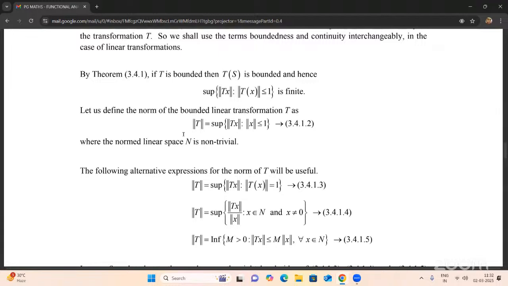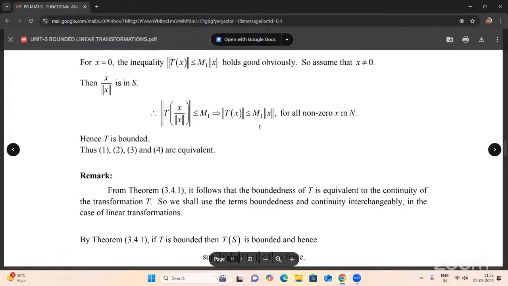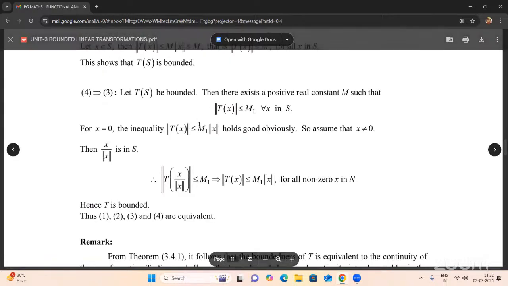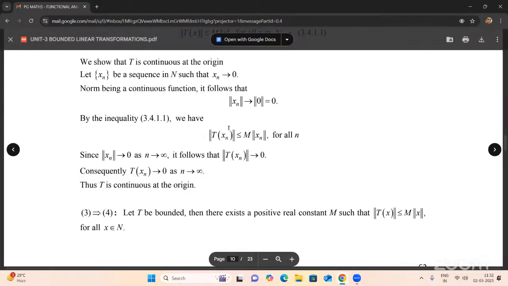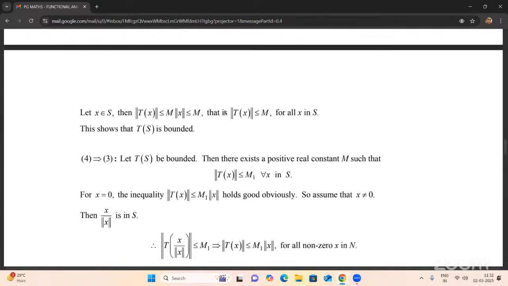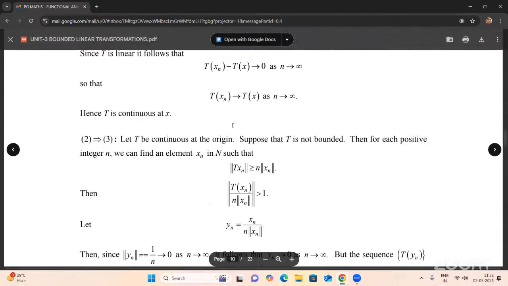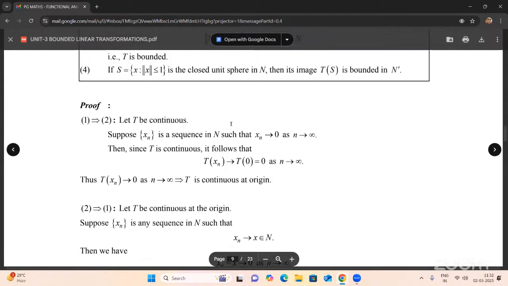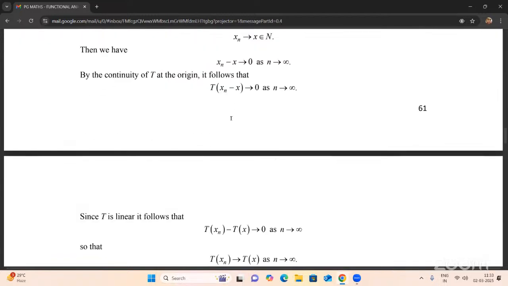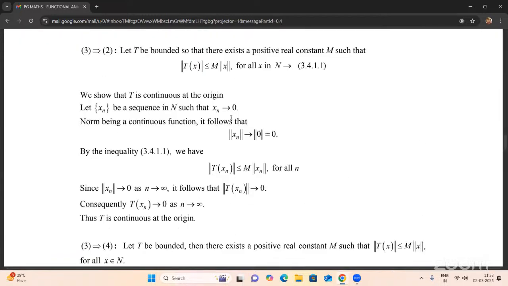So the given normed linear space is denoted by N, and it is non-trivial. Say this is the second equation. How do we define the norm in various ways? Already we have defined the norm condition from the boundedness part. So 3.4.1, you have to see this from the above theorem. Norm T(x) is less than or equal to M times norm x.